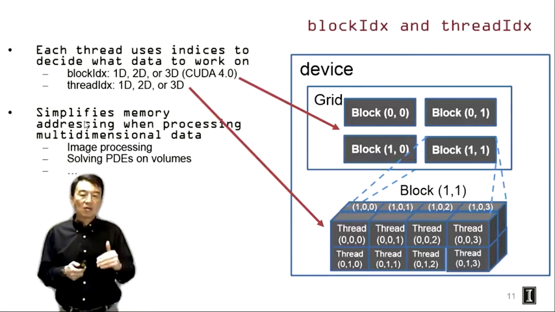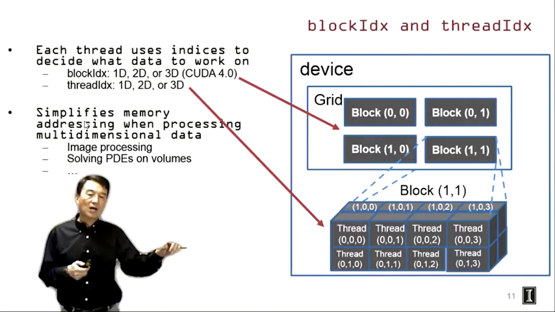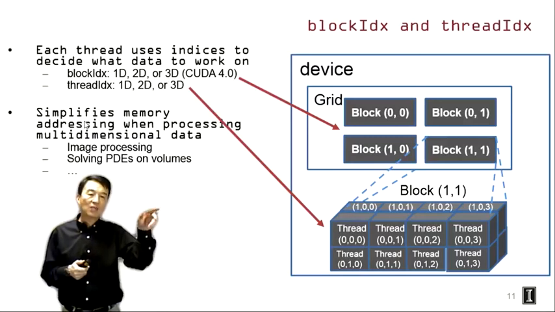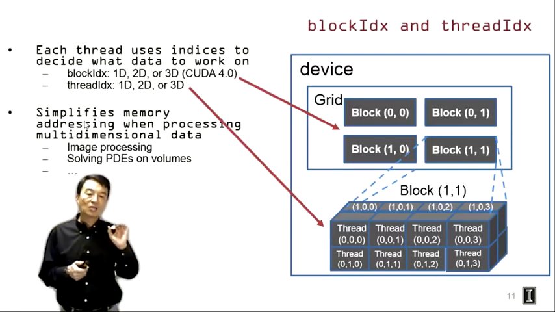Now, when we look at each thread in a block, I'm showing a three-dimensional thread organization within the block. So I'm expanding out block 1,1 here, and I show that in this toy example, there are 16 threads. Each thread has a unique three-dimensional ID.